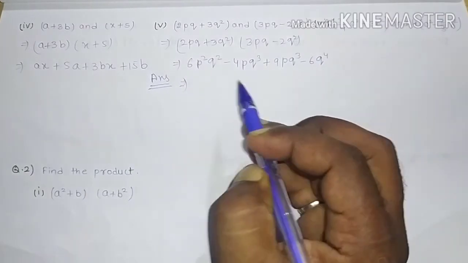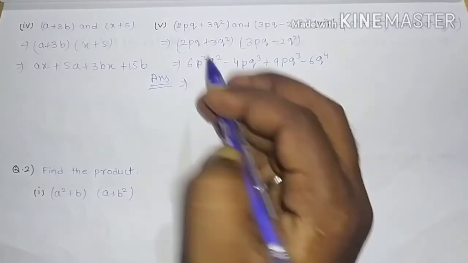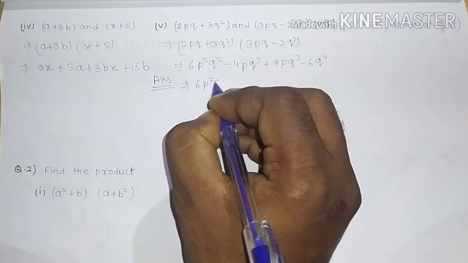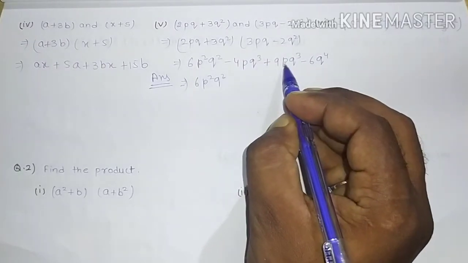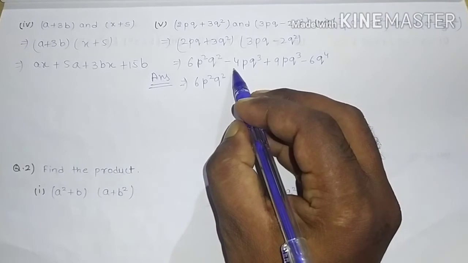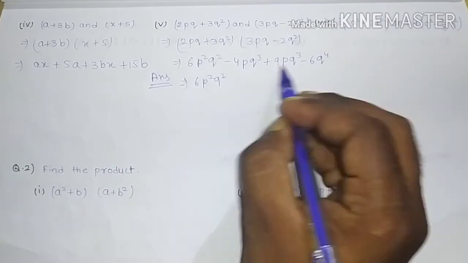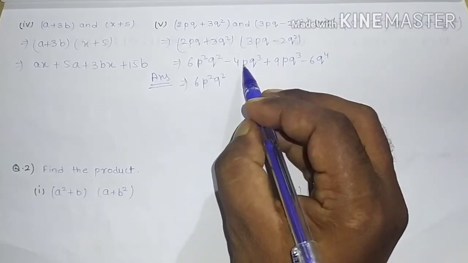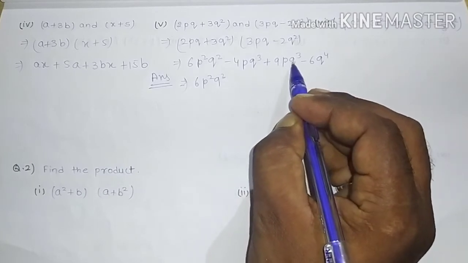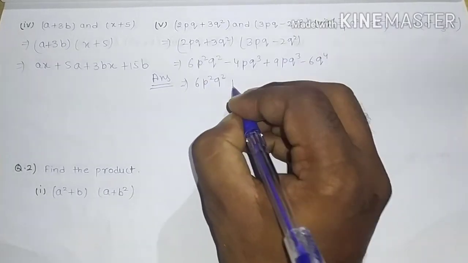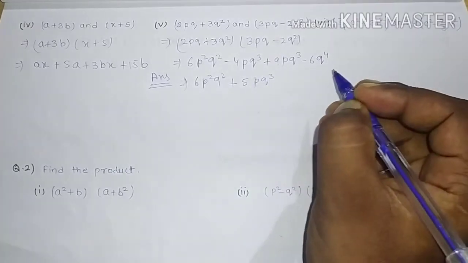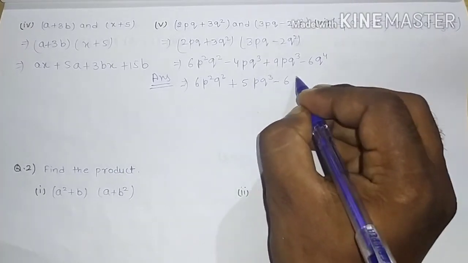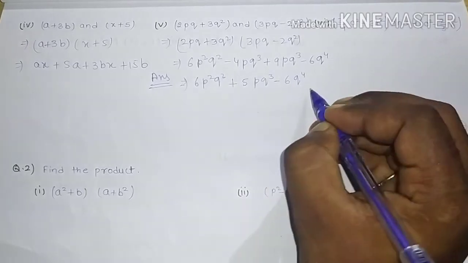Now we write 6p square q square minus 4pq cube plus 9pq cube. These two terms are like terms, so they will be added: minus 4pq cube plus 9pq cube is plus 5pq cube, minus 6q to the power 4. This is the answer.